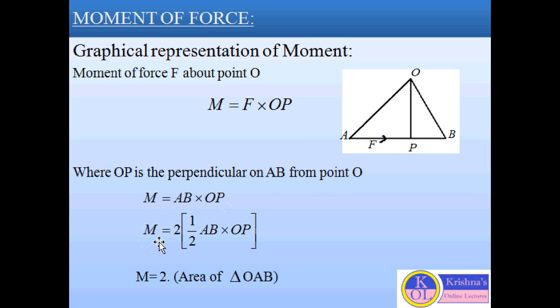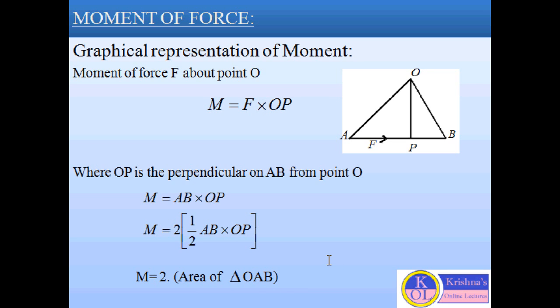We can write this formula as 2 into, in bracket, 1 by 2 AB into OP. This 1 by 2 AB into OP is the area of triangle OAB. So M equals 2 into 1 by 2 AB into OP, where 1 by 2 AB into OP represents the area of triangle OAB.